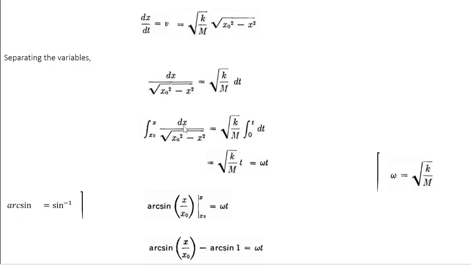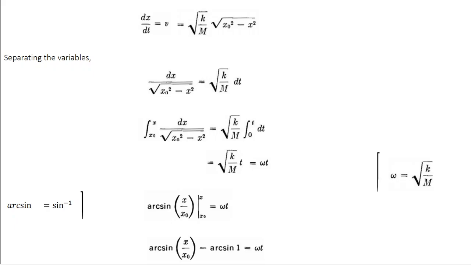So integral dx divided by square root of x naught square minus x square is arc sine x by x naught. Maybe you are not familiar with this term arc sine. Arc sine is nothing but sine inverse. Since our prescribed textbook follows this notation, I am going to use the term arc sine. If you want, you can write sine inverse in your notebook.